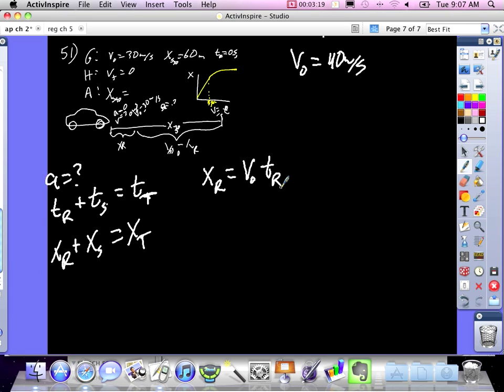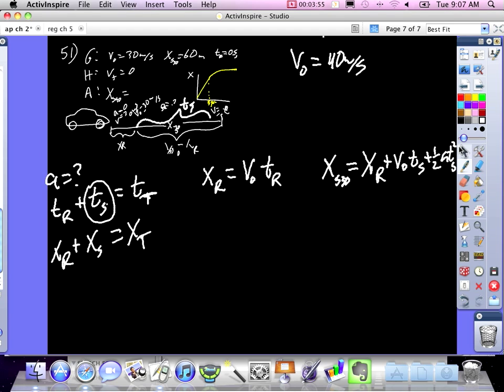And then we also know that X of stopping, we can say XS30, the total, is equal to XR plus V0T, and this T should be the time just for this part. I think call it S, so the time just for that part. So that's TS plus 1/2 ATS squared. Okay, does that help?